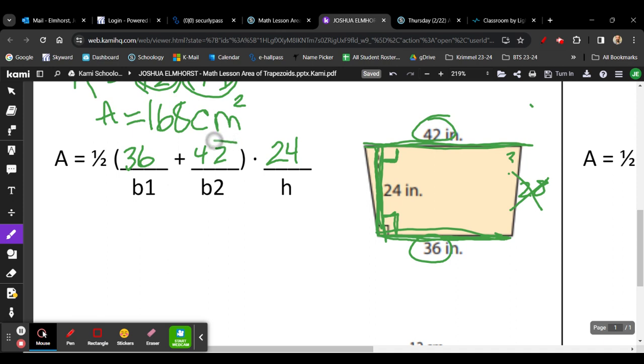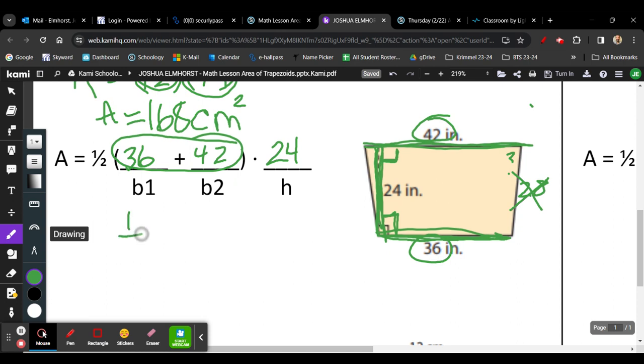Now go ahead and add them up. 36 plus 42. Rewrite the area formula. What was that, 78?